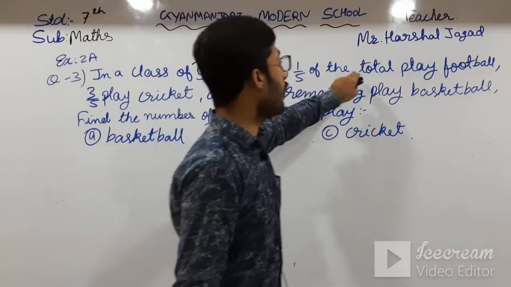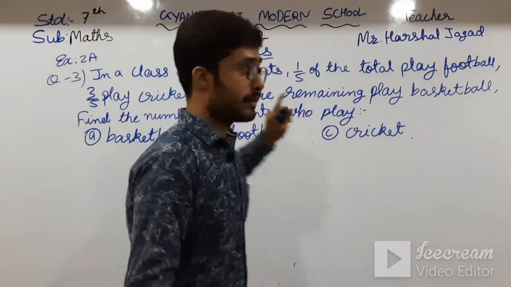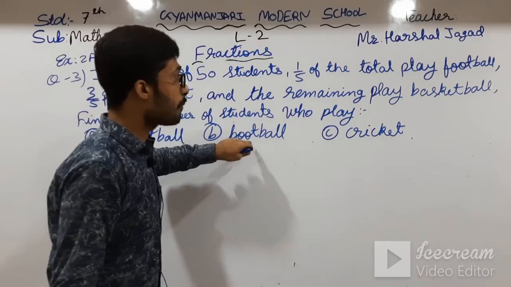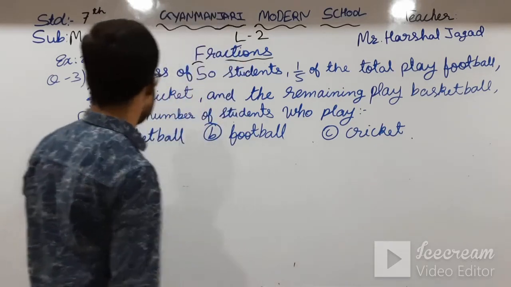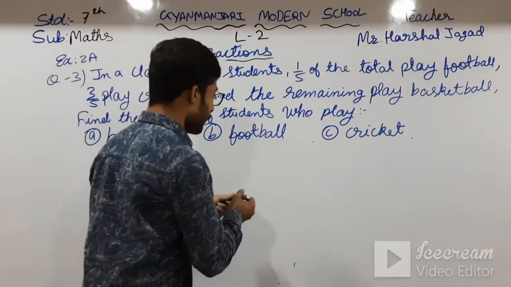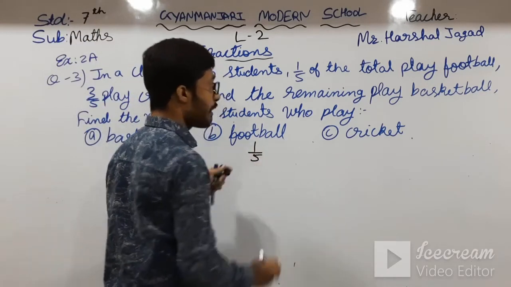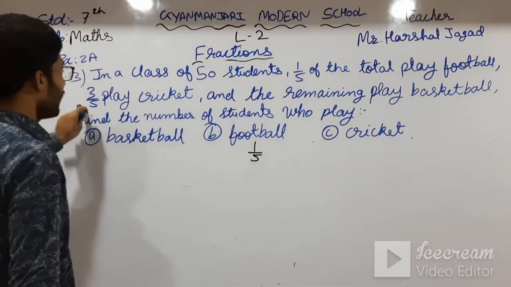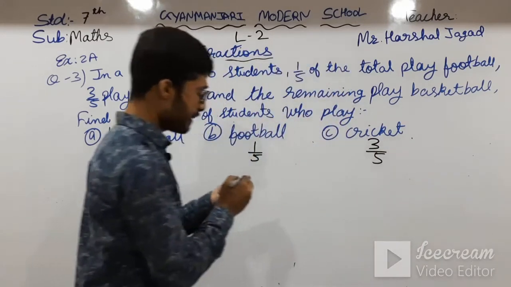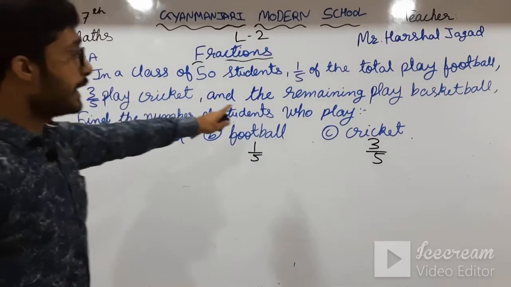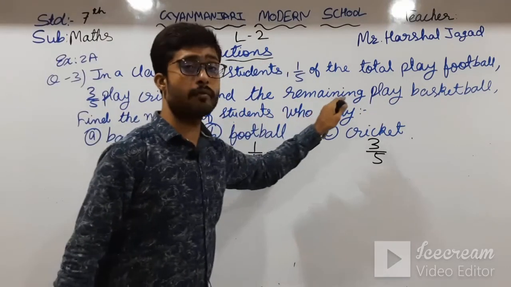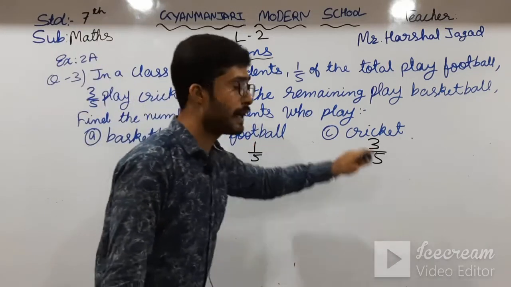And 1/5 of the total plays football, and 3/5 play cricket. This is given, and the remaining play basketball. Find the numbers of students who are playing basketball, football and cricket.